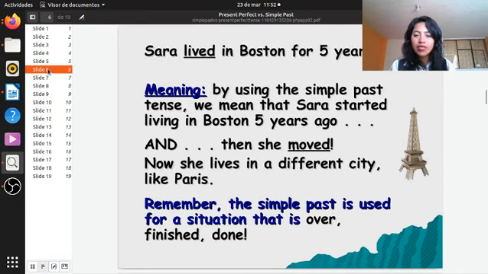Sarah lived in Boston for 5 years, in simple past, means that Sarah started living in Boston 5 years ago and then she moved. Now she lives in a different city like Paris, right? She's not in Boston anymore, right? Okay, remember the simple past is used for a situation that is over, finished, done, right?